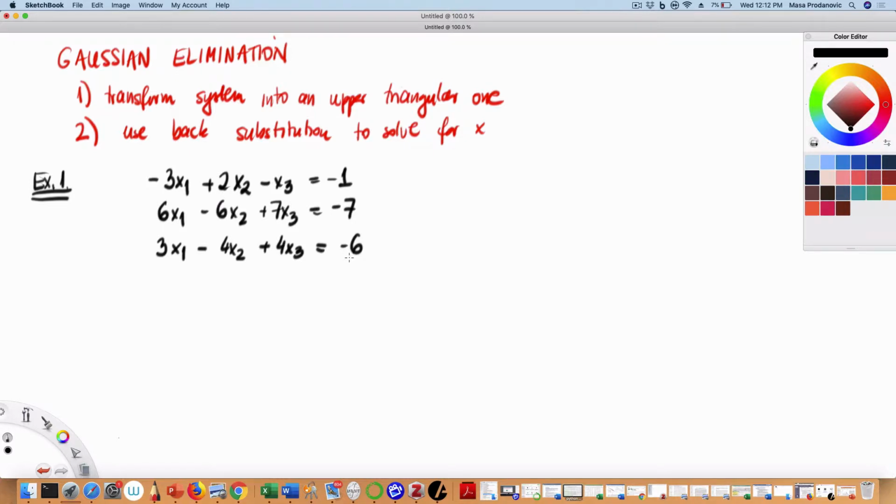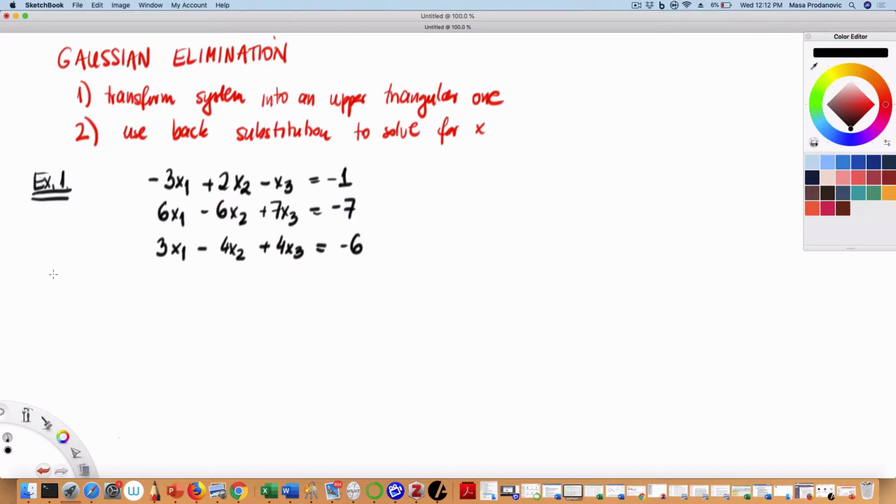So essentially, we're going to first multiply the first row with something and add to the second row, and then replace the second row with that in order to eliminate this 6 over here. Okay? And the way to ease calculation is to not constantly write x1, x2, x3, and so forth. So this is why we're going to work with matrices, right?